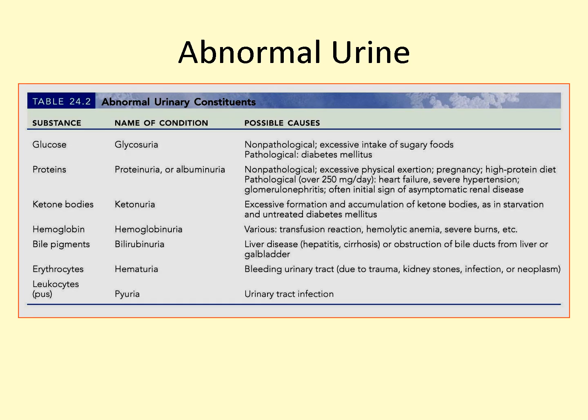Proteins in the urine also may be due to non-pathological causes such as excessive physical exertion, pregnancy and a high protein diet, but over 250 mg/day may indicate heart failure, severe hypertension, or kidney diseases. Ketone bodies occur in someone who has been seriously dieting or fasting, but are usually indicative of diabetes mellitus. Hemoglobin should not be in the urine, and neither should erythrocytes.